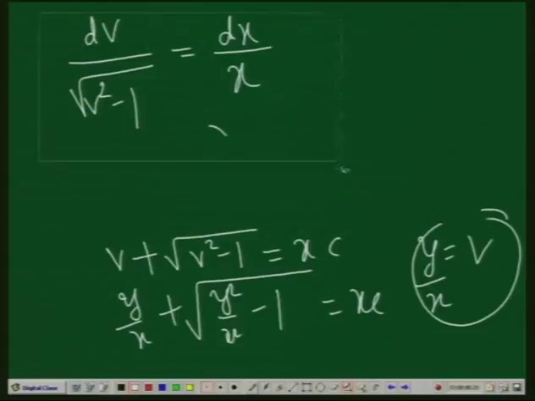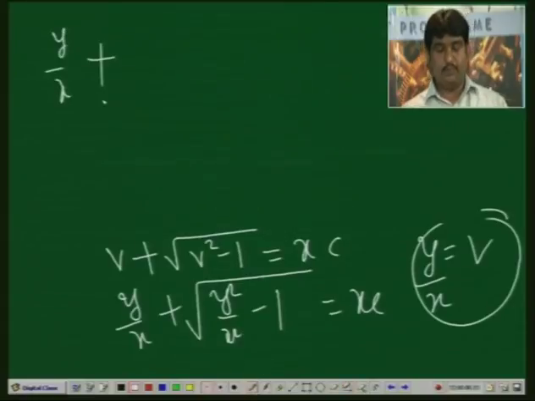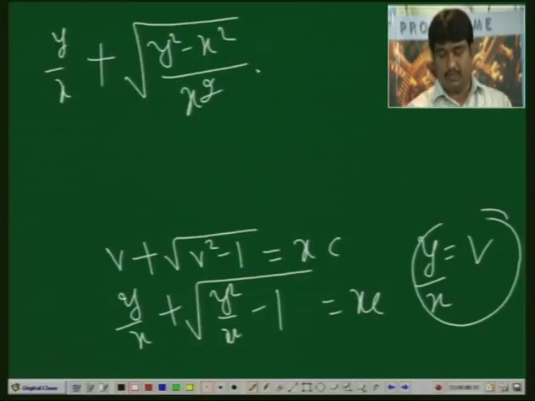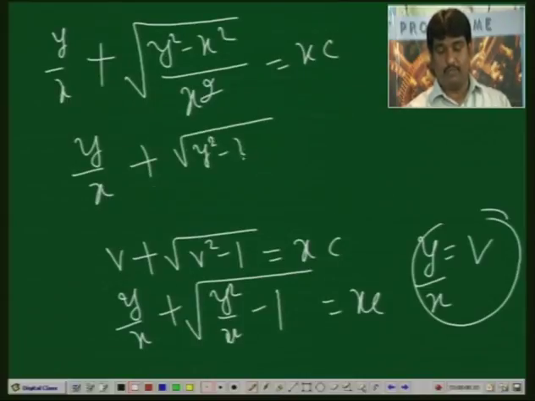It is y by x plus, you take the LCM, this is x square, this becomes root of y square minus x square divided by x square, equals x into c. Which in turn becomes y by x plus square root of y square minus x square divided by x equals xc.